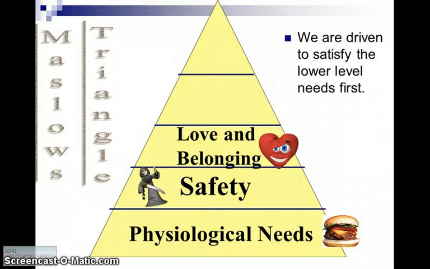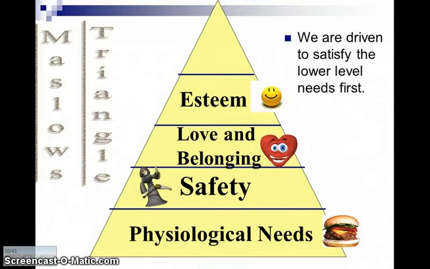Now, the fourth level of the triangle refers to esteem. Once we have love and belonging and so forth, Maslow says we can then start to think about other things in our life that make us feel better about ourselves. Okay?